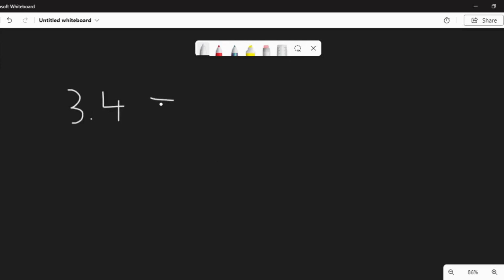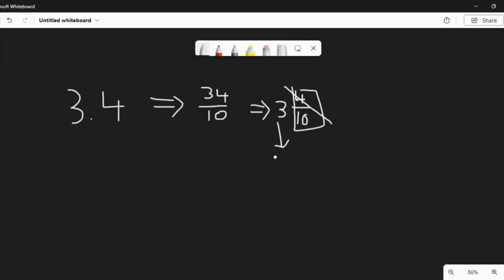You could try converting it into fraction form, 34 by 10, which becomes 3 and 4 by 10 in mixed fraction form, and then you can just cancel this part out, and that's going to be the floor. And as for ceiling, like I said, it's just floor of x plus 1, so you can just write it as 4. You could go about doing that, but first, there's one problem.